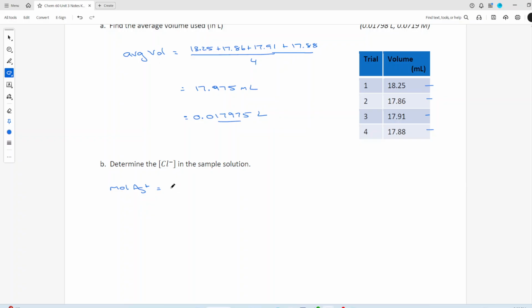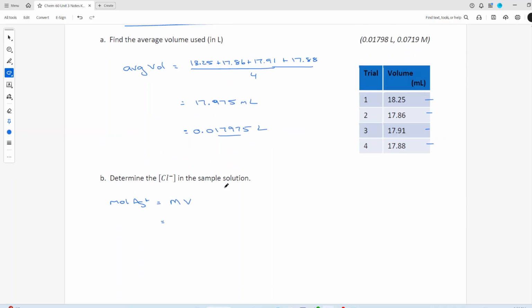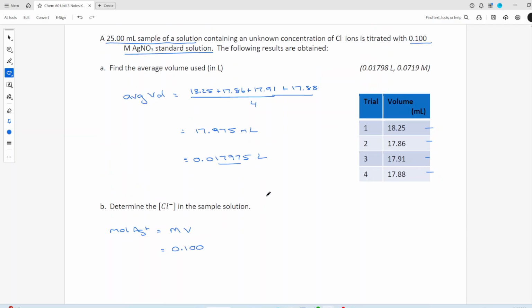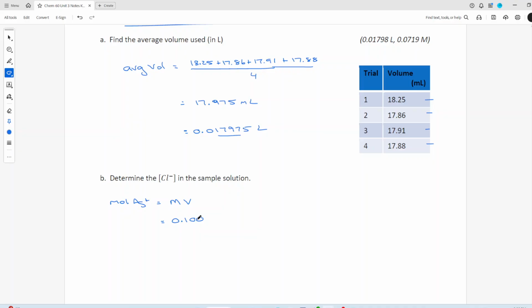The moles of silver is going to equal the molarity of my standard solution times the volume of my standard that I used. So it's going to be the 0.1 times the volume, which is going to give me 0.0017975.